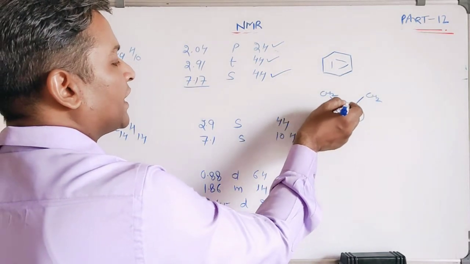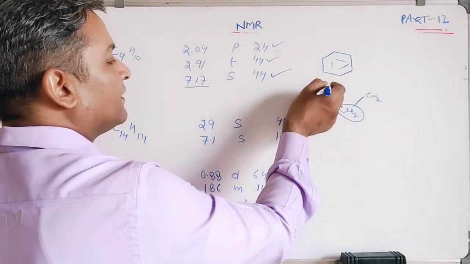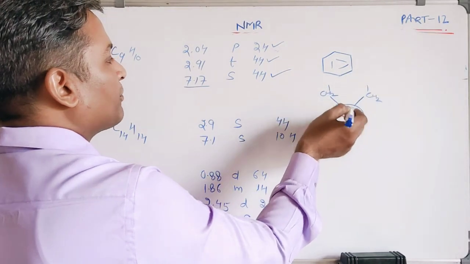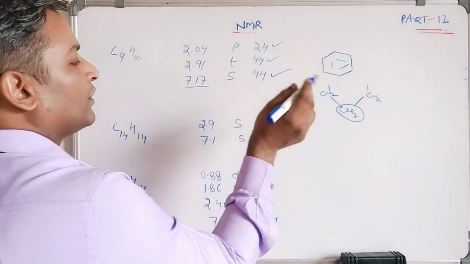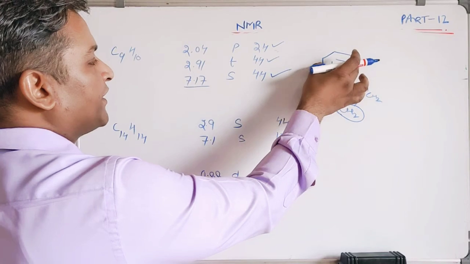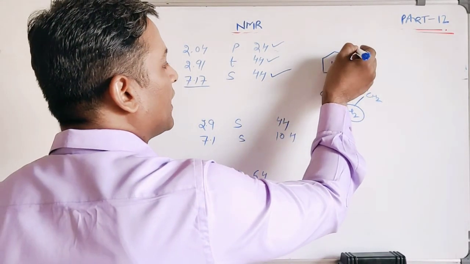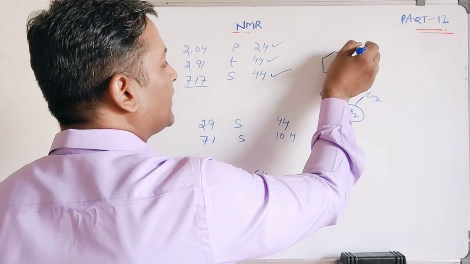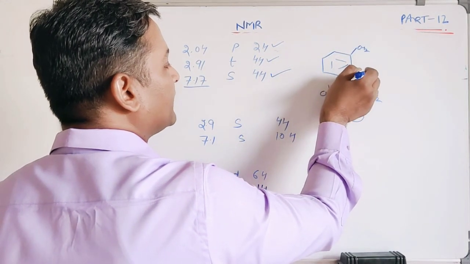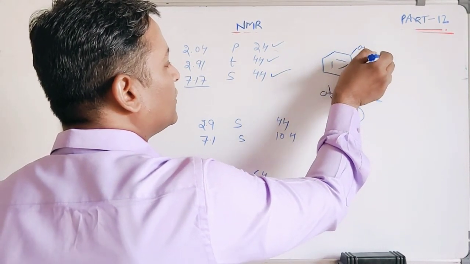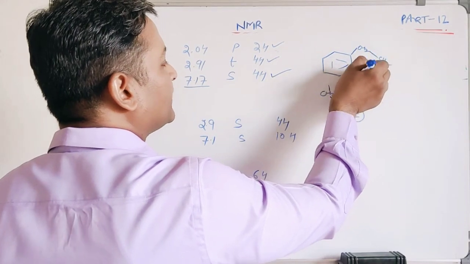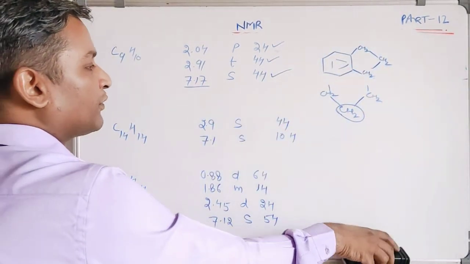Only then 2 protons can give you pentet, and these 4 protons can give us a triplet. So I think this type of moiety must be present in this benzene system. So if I have to accommodate this here, I will write this as CH2, CH2, and CH2. Only then the complete information will be satisfied.